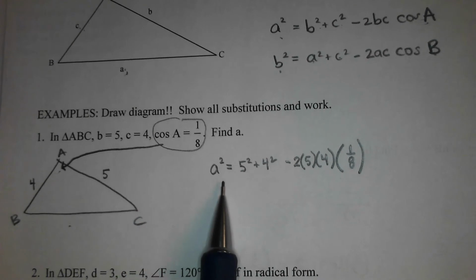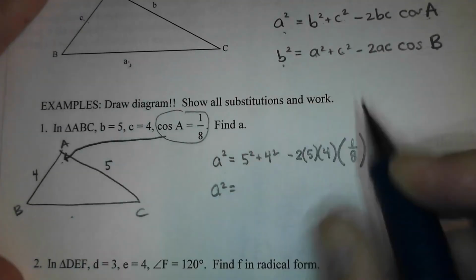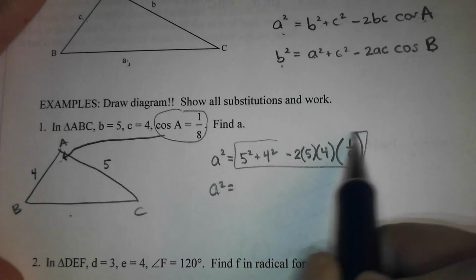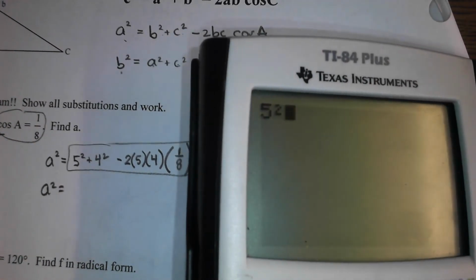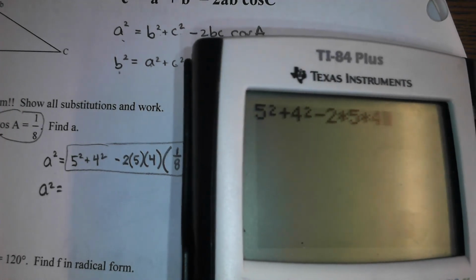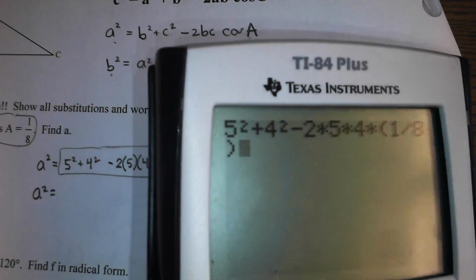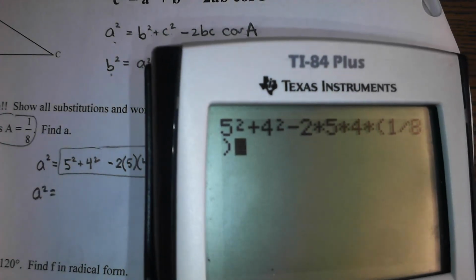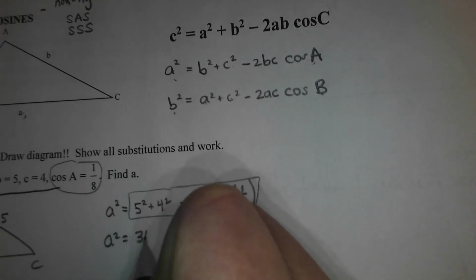And because I'm solving for A, and A is pretty much already by itself, I'm just going to type this in all in one shot in my calculator. 5 squared plus 4 squared minus 2 times 5 times 4 times 1/8. Don't do any more thinking than you have to. You can type it in all at once, and you get 36. So A squared equals 36.